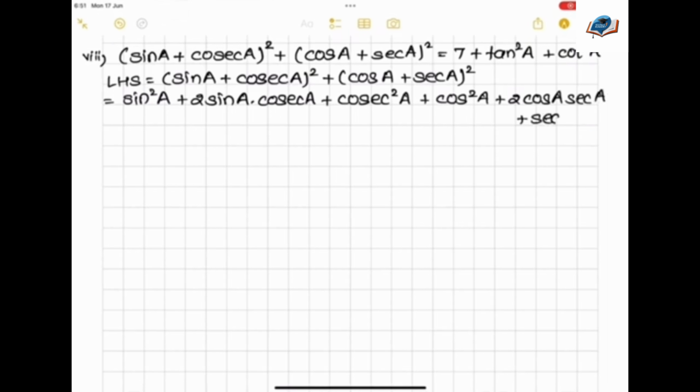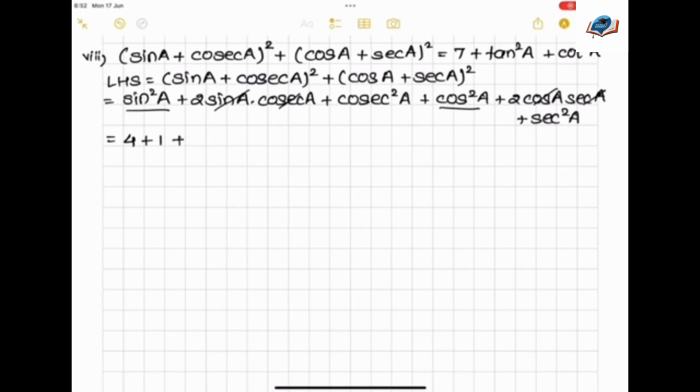Now see, I got sin A and cosec A will get cancelled and cos A and sec A will get cancelled. So that I am cancelling. So 2 plus 2, that will be 4, plus sin square A plus cos square A will be 1. So that 1 I have written.